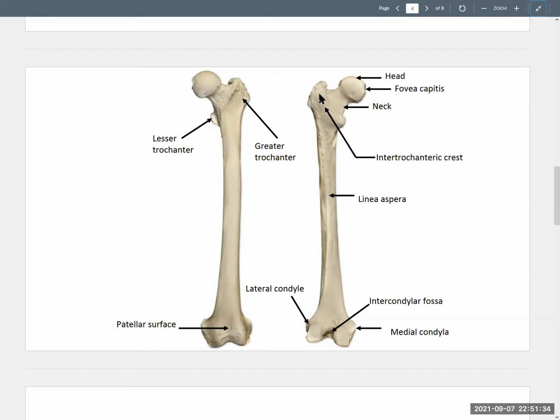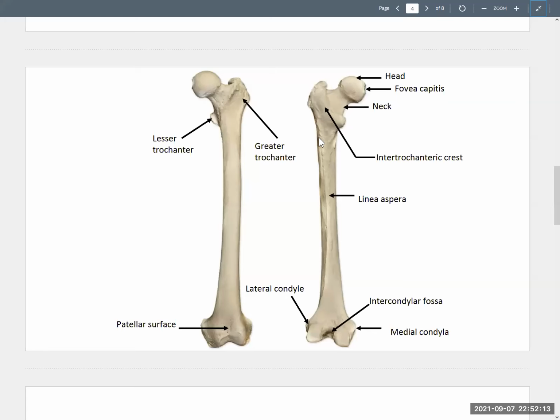And like a moon or a banana, joining them is the intertrochanteric crest. Muscles of the leg attach to the trochanters. Muscles in the abdomen coming out to raise the thigh, to flex the thigh, will also attach to the trochanters.